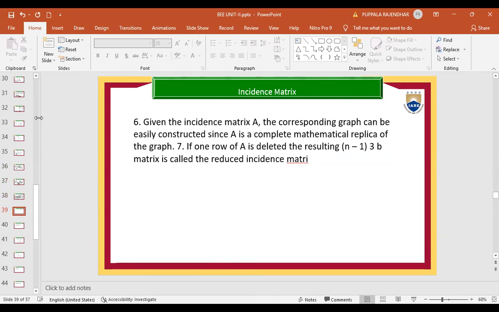Here, given the instance matrix A, the corresponding graph can be easily constructed, since A is a complete mathematical replica of the graph. I have given you an instance matrix with entries +1, -1, 0, 1, 1, 1. Can you construct a graph with this information or not?